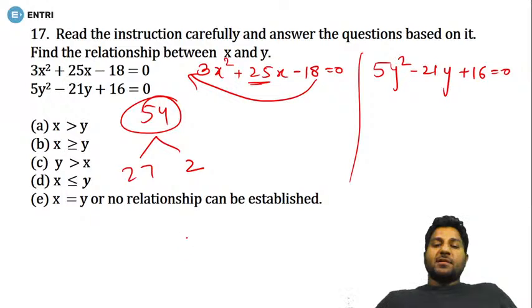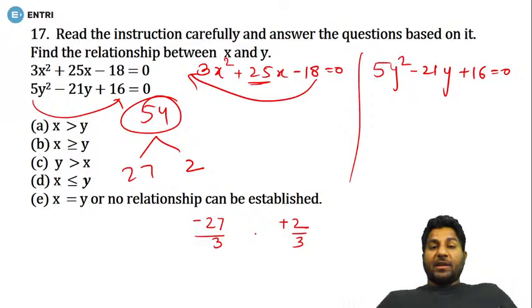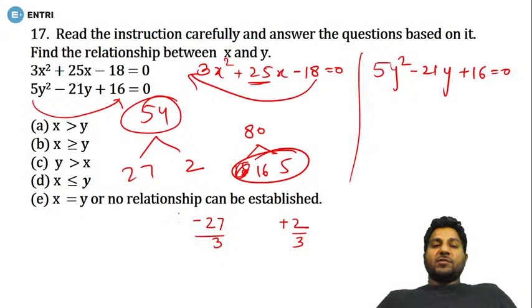That means the factors will arrive as minus 27 and plus 2, but divided by 3, divided by 3. Now 5, 16, 80. 16 fives are 80. So it will be plus 16 plus 5, divided by 5, divided by 5.